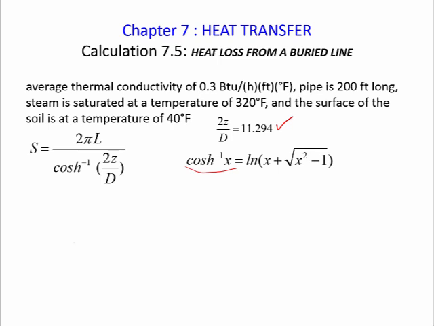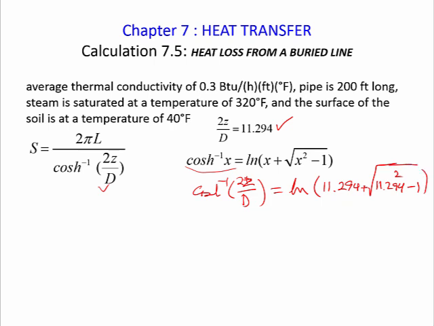Therefore, inverse hyperbolic cosine of 2Z over D, which we have in here, is equal to log natural of 11.294 plus square root of 11.294 squared minus 1. This will be equal to 3.116.